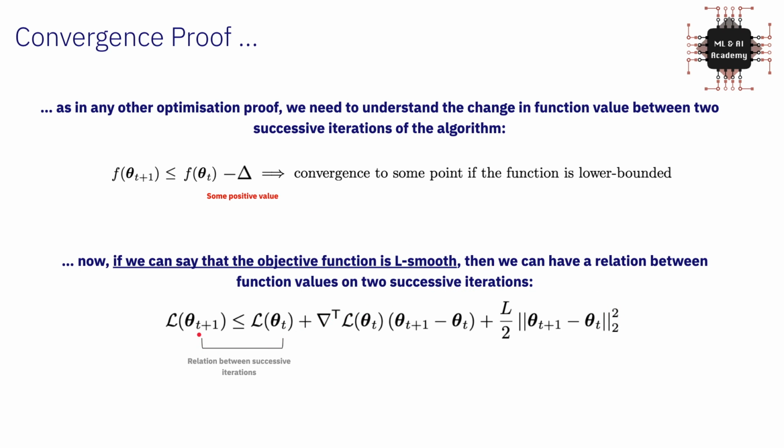The idea is that we will prove in a second that the loss function is L smooth. Because it is L smooth, we can write L theta t plus 1 is less than L theta t, which already gives us the relation between two successive iterations that we were looking for, plus the inner product of the gradient and the vector theta t plus 1 minus theta t, plus L over 2 times the norm of theta t plus 1 minus theta t, squared.